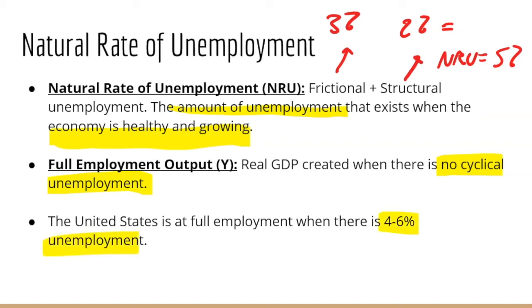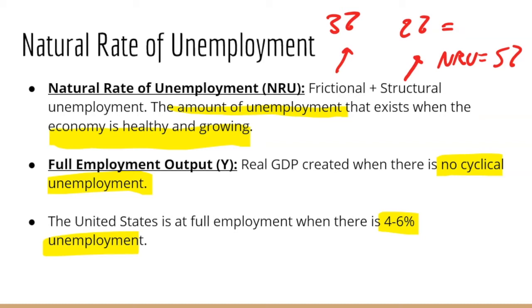Notice we're not at full employment when we have 0% unemployment. We're at full employment when there's 4 to 6%, because that 4 to 6% takes into account that there are people that are going to be frictionally unemployed, people that are going to be in between jobs, and people who don't have jobs because society has progressed and that industry is obsolete.